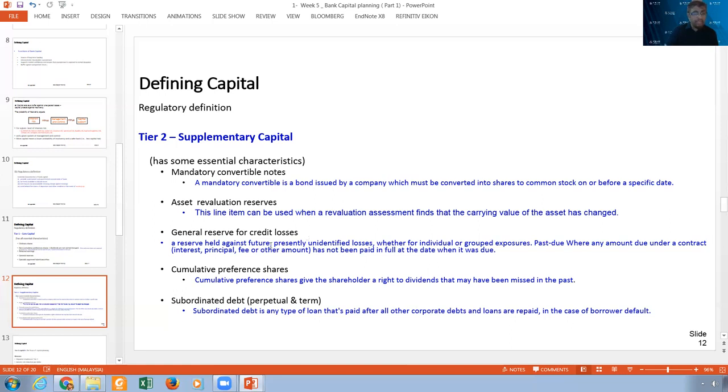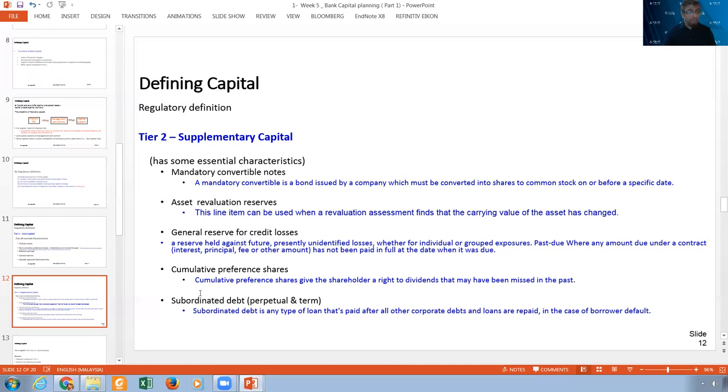So it is a reserve against future, presently unidentified losses like credit risk, whether for individuals or for group exposure, and also the past dues, where any amount is due under contract, interest, principal, whatever. This is actually part of the general reserve for credit risk, which is part of tier 2.